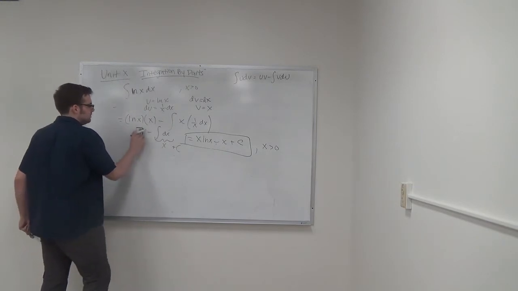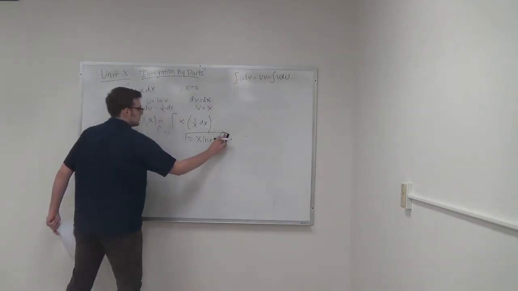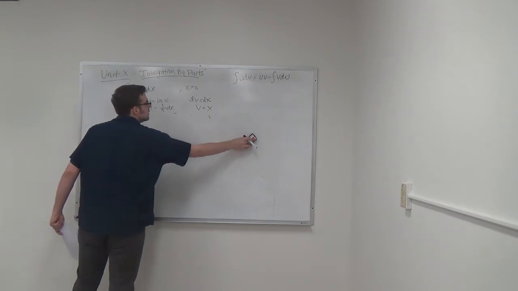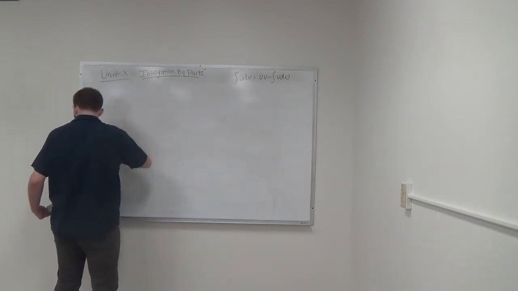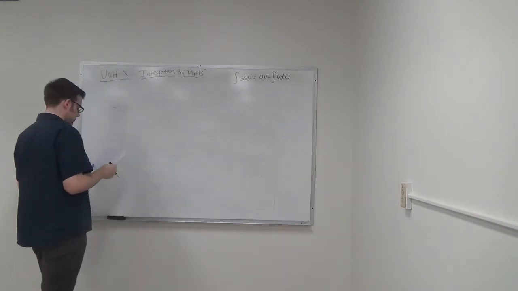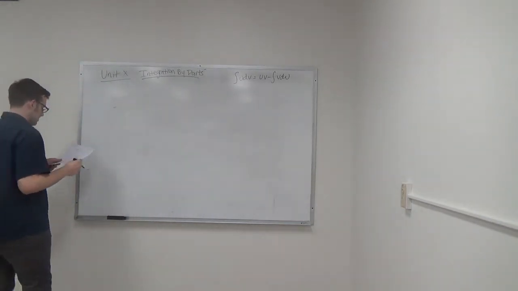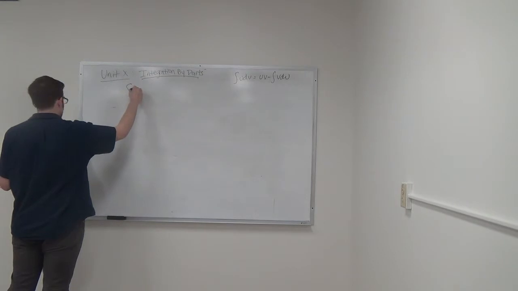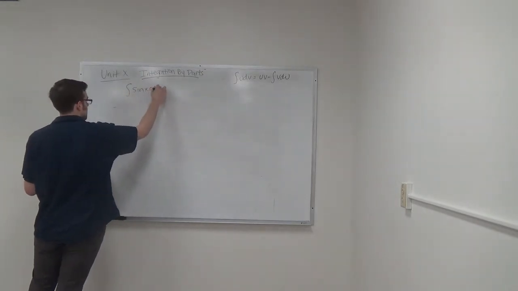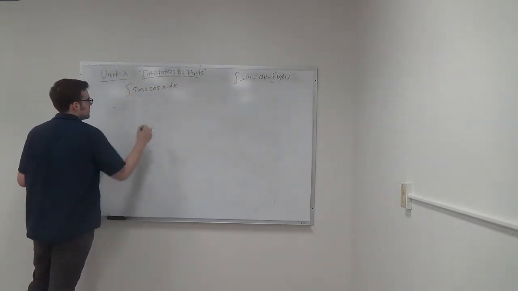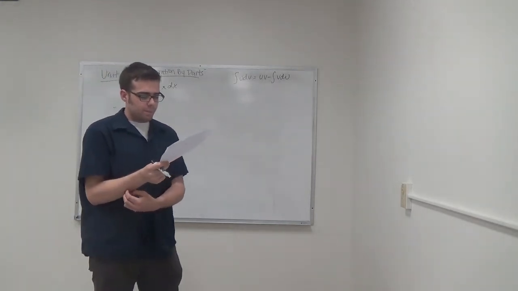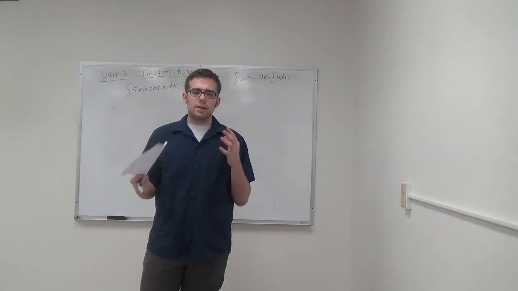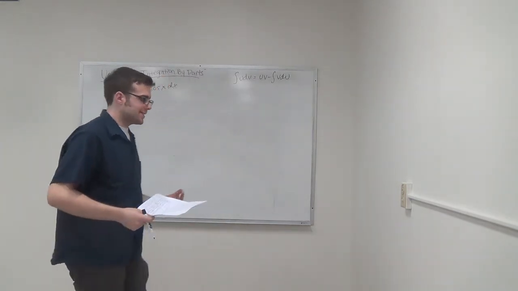Now the final integral that we're going to evaluate is the integral of sine of x cosine x dx. So here's an example of where we get a cyclic integral.